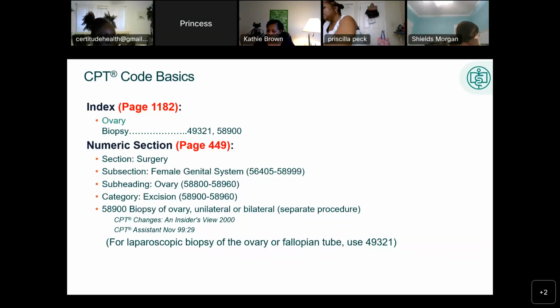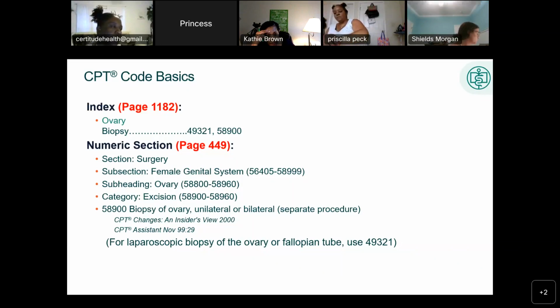And under biopsy, it gives us two codes, right? It gives us 49321 and a comma, and then 58900. So now, once it gives us two codes separated by a comma, that means we need to figure out which of those two is going to be the appropriate code for our biopsy, right?